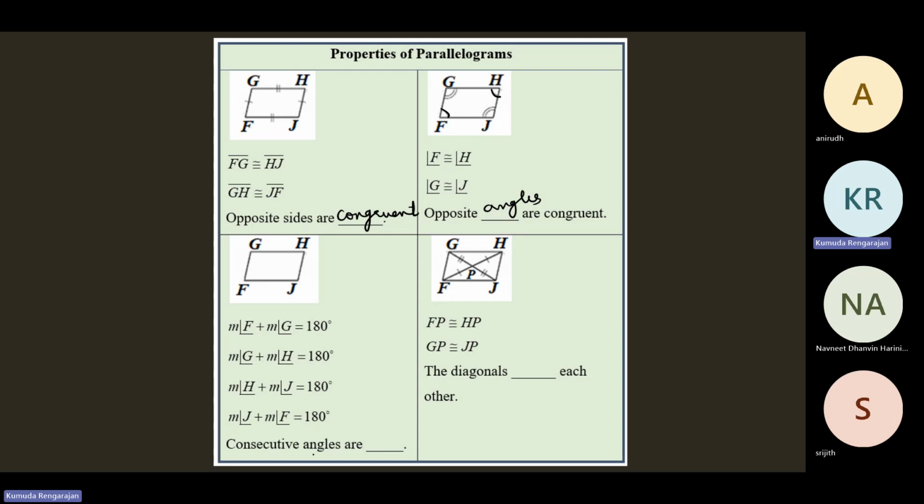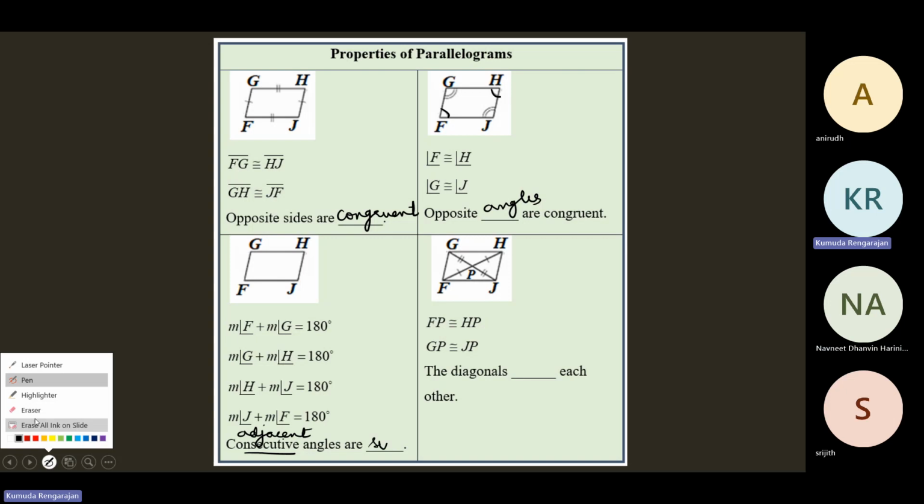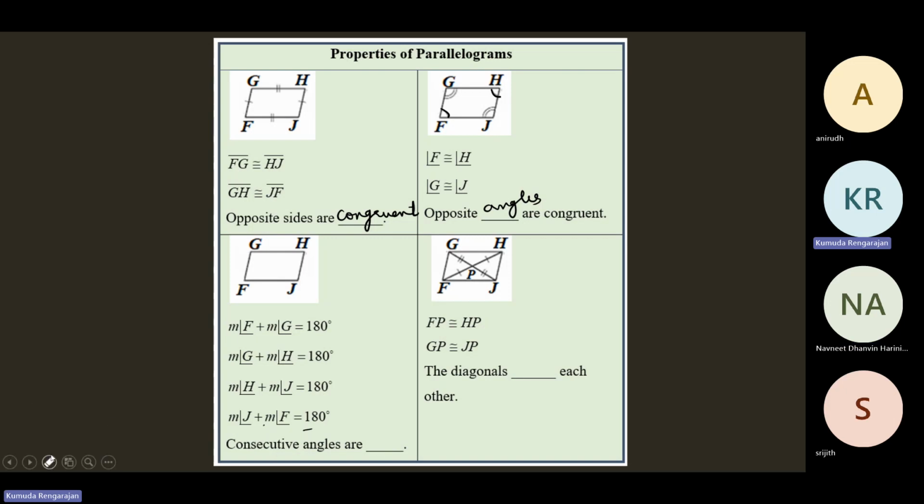What's the answer for this one? Consecutive angles, consecutive meaning adjacent angles, are supplementary. We know this property: angle F plus angle G is equal to 180, because they're adjacent angles.